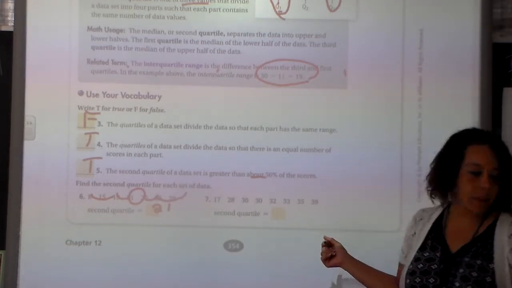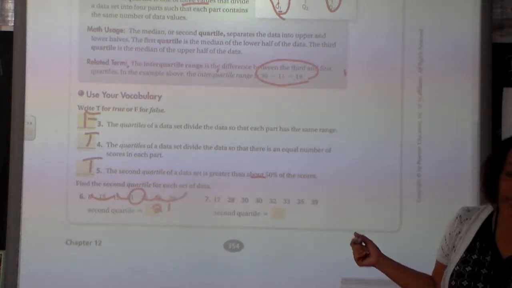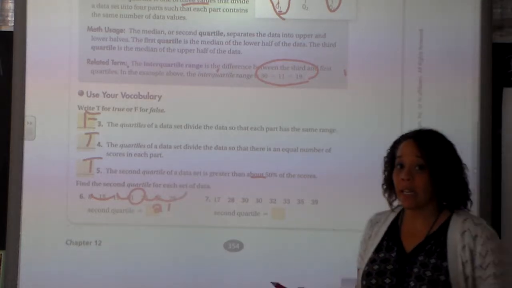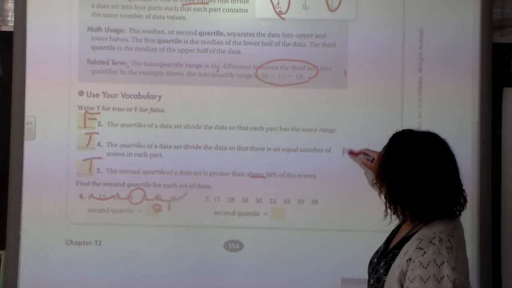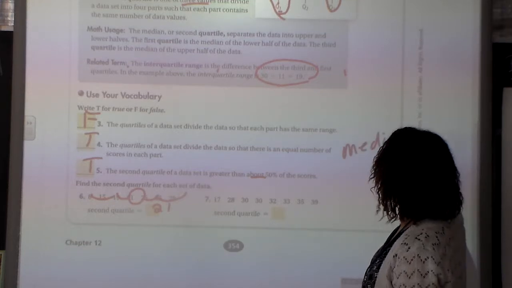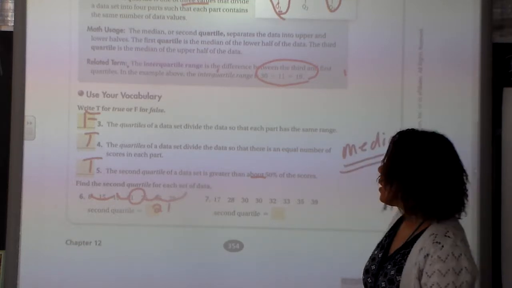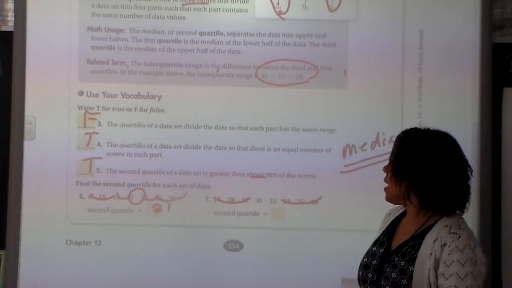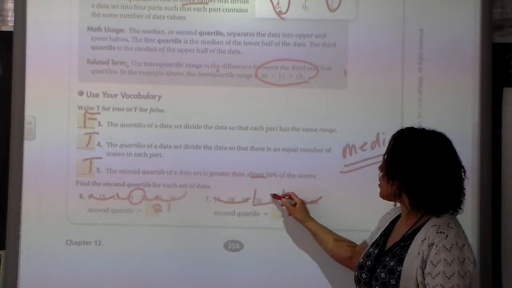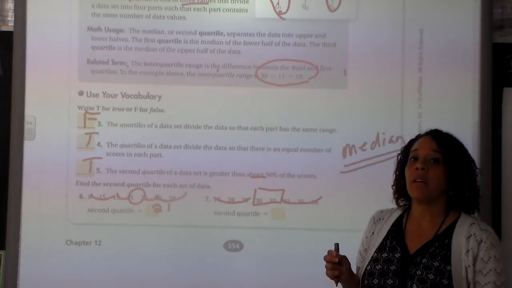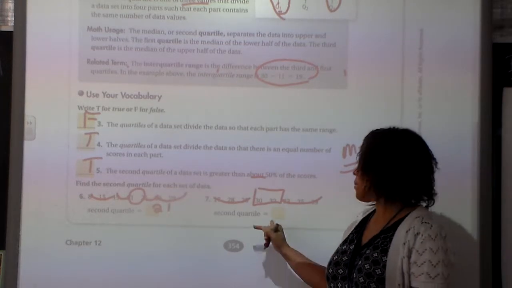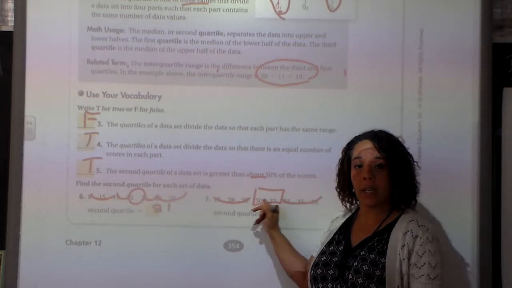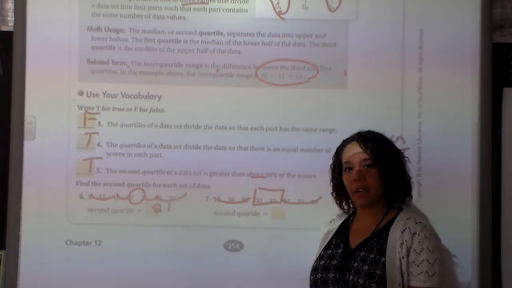Coming over here for number 7, I will find the center of that data as well. Remember, that center number is called the median or middle number. I'm going to come over 3, but now look, I have 2 numbers smack dab in the middle. Do you remember what to do to find the median if you have an even set of numbers?